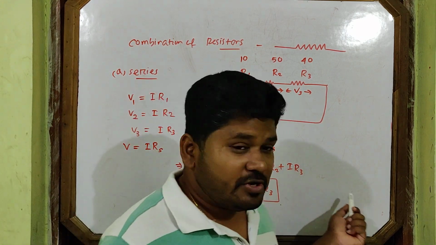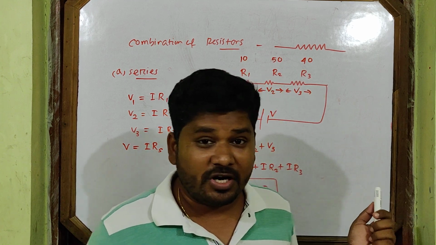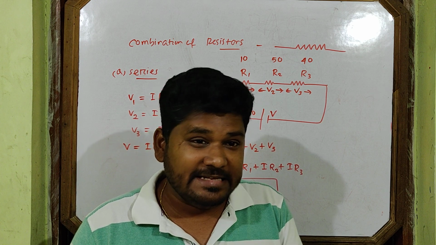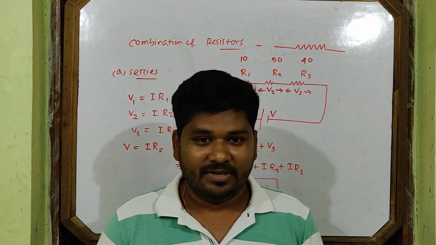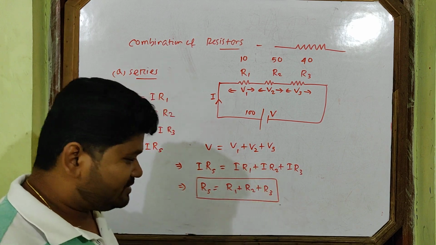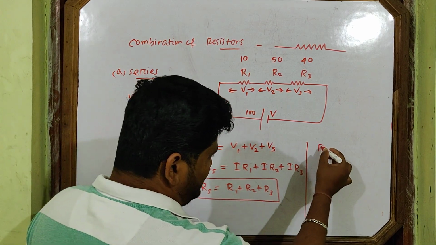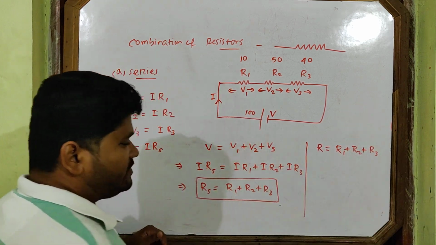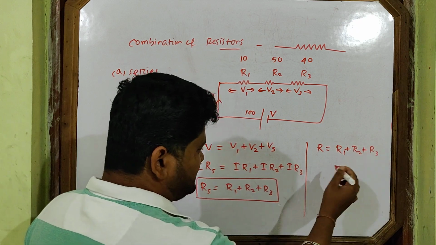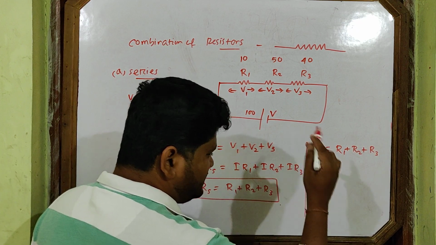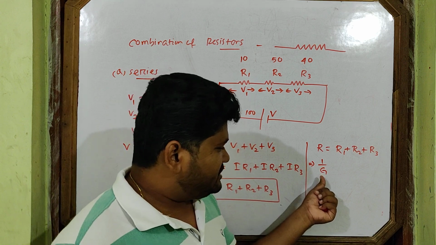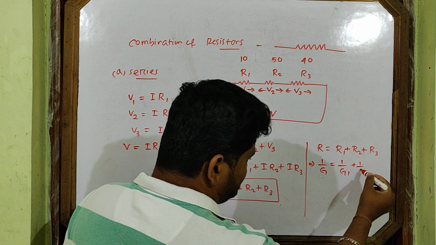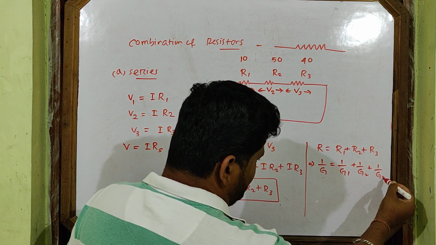If the question will be to find the effective conductance formula in series combination, then what is the formula? From here you will start. What will be the effective conductance formula? R is equal to R1 plus R2 plus R3. But if you convert into conductance, I am using the symbol G for conductance. This is 1 by G, this is 1 by G1, this is 1 by G2, this is 1 by G3.